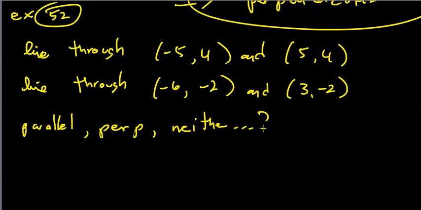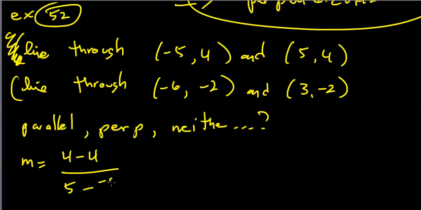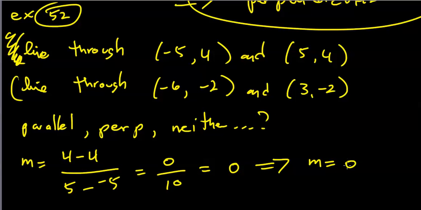Alright, now I suppose we could grind this out and compute the slopes of these two lines. Why don't we go ahead and do that? Let's take this top line here. The slope of the first line in the list is going to be y2 minus y1 over x2 minus x1. That gives me a 0 over a 10. Now 0 over anything is 0, so for this first line, the slope is 0.